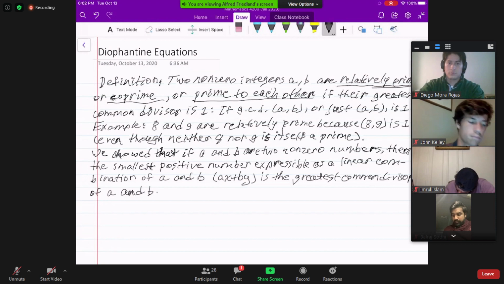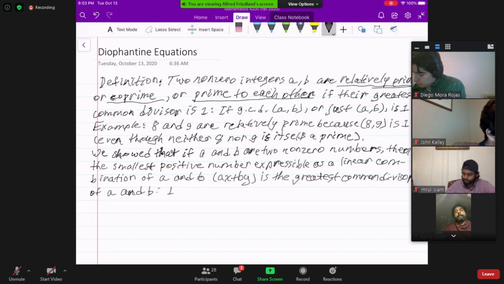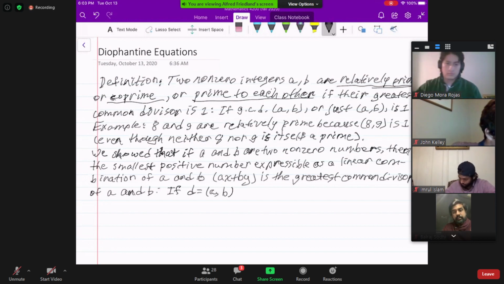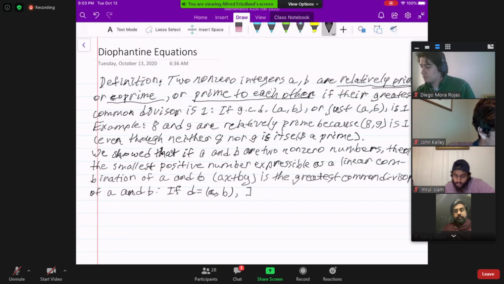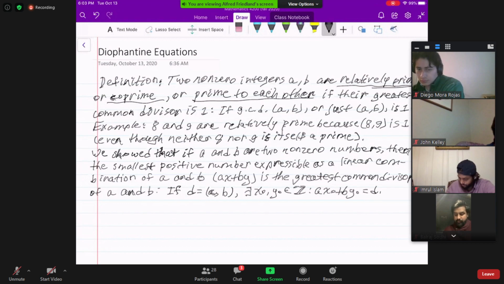So this does two things for us. This says if D is the greatest common divisor of A and B, there exist integers x sub 0 and y sub 0 such that a x sub 0 plus b y sub 0 equals D. Or, of course, by the symmetric property, you could write D equals a x sub 0 plus b y sub 0.